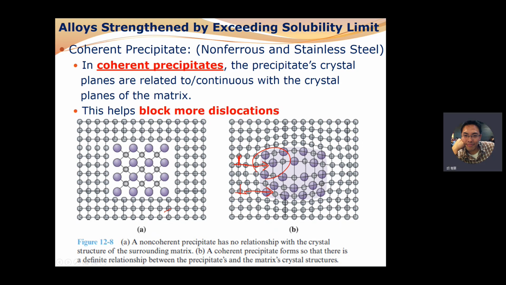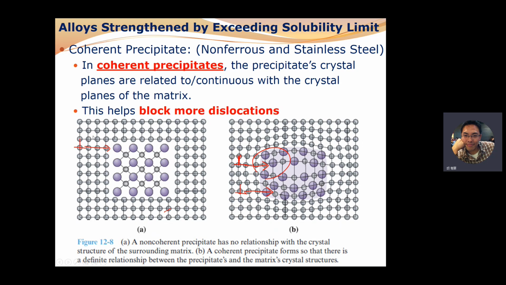And in this case, for example, if there's a dislocation movement here, when it reaches this, maybe the non-coherent precipitate has the ability to block the dislocation movement a little bit.